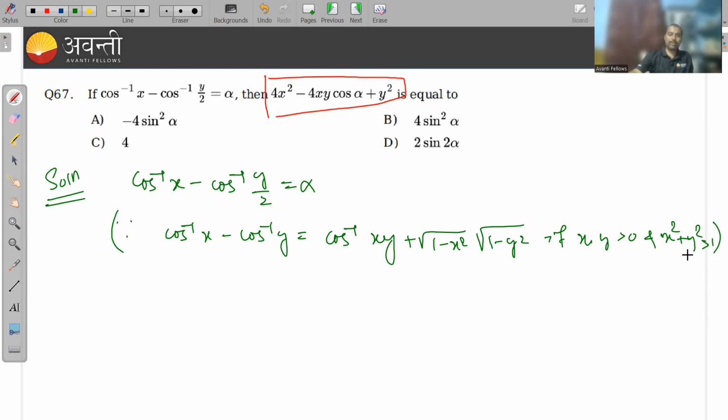So here we'll apply this formula, right? In the given equation, if we use this formula, let's see what we are getting.